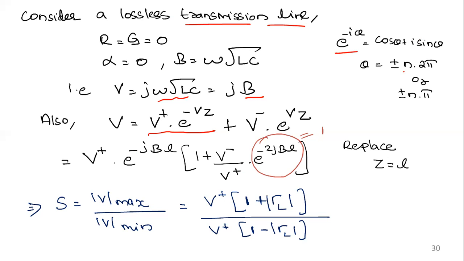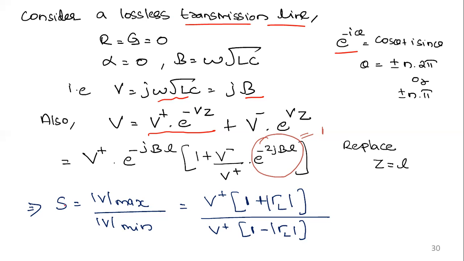So we can say that the value of e raised to minus j beta L, or e raised to minus 2j beta L, will have a maximum value of 1 and a minimum value of -1. For cos or sine, the values range from 1 to -1, so maximum is 1 and minimum is -1.